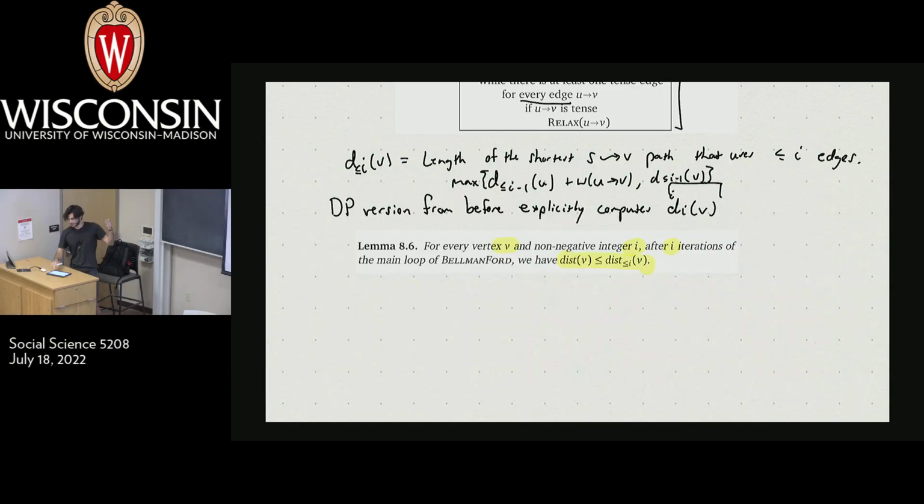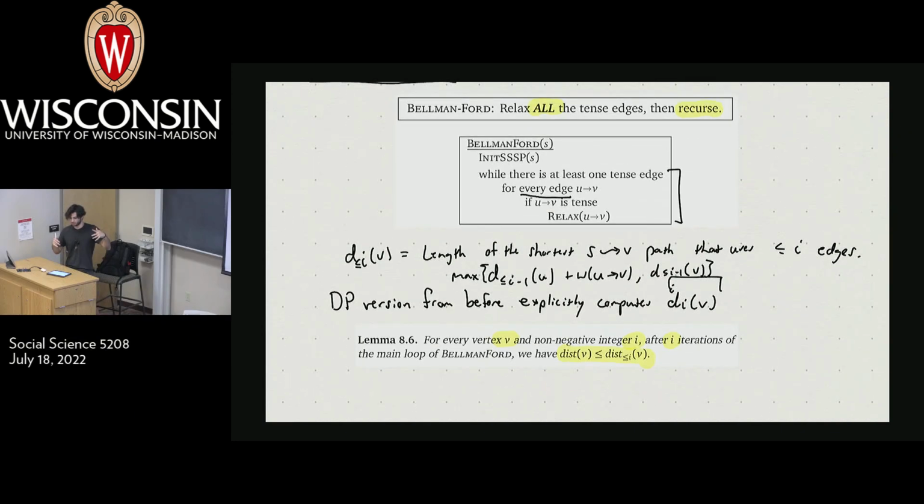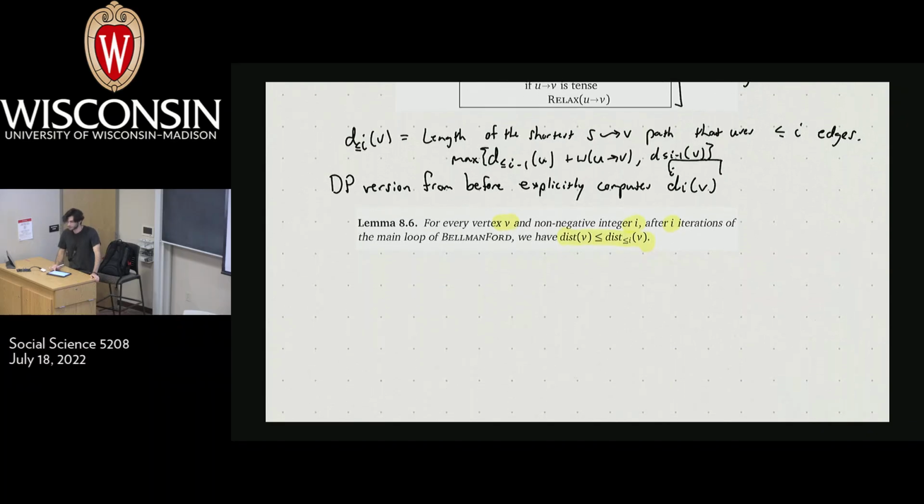You can think of this algorithm as starting out with no edges allowed, and then at each time saying, okay, I'll allow my shortest path to have 1 edge. First iteration, you allow 1 edge. Second iteration, you're allowing 2 edges. So each time you're doing these relaxations, you're implicitly allowing more edges in your shortest paths considered. So that's why that lemma is true.